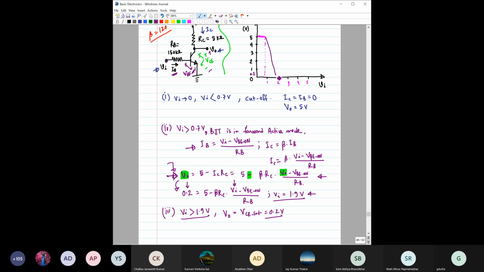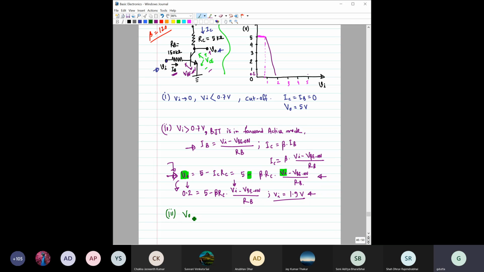So from here till the input voltage is 5 volt, the output will remain at 0.2 volt.